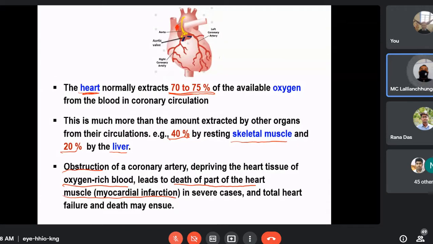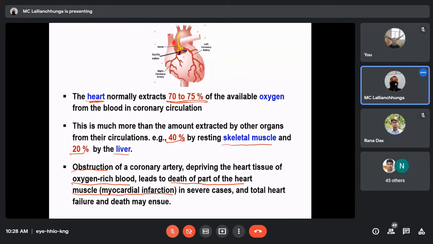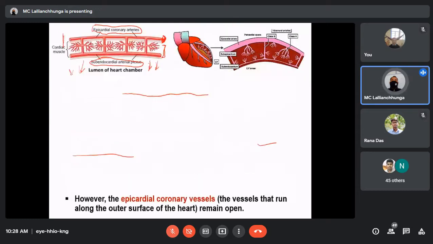But since the right and left coronary arteries are open, blood will flow through them. So during the diastolic period, blood will enter the coronary arteries so that supply of blood can take place to the tissues of the heart.